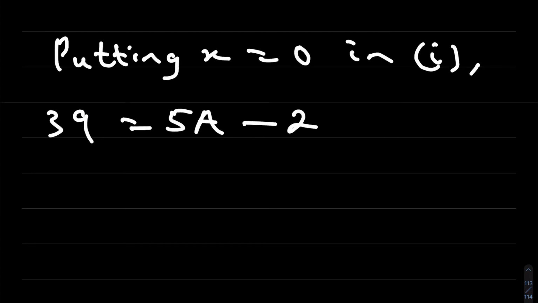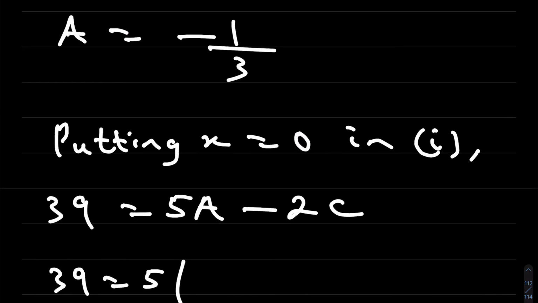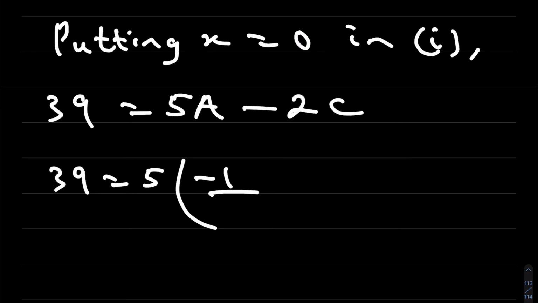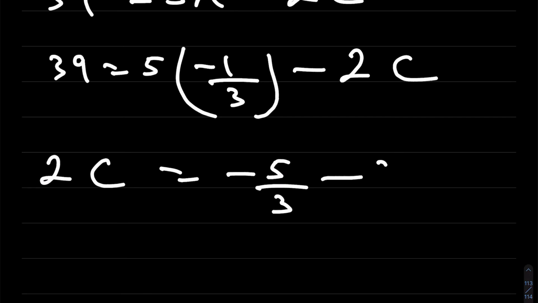So 39 equals 5a minus 2c, and I already know what a is. So that means 39 equals 5 times minus 1 over 3 minus 2c, which simply means 2c equals minus 5 over 3 minus 39.